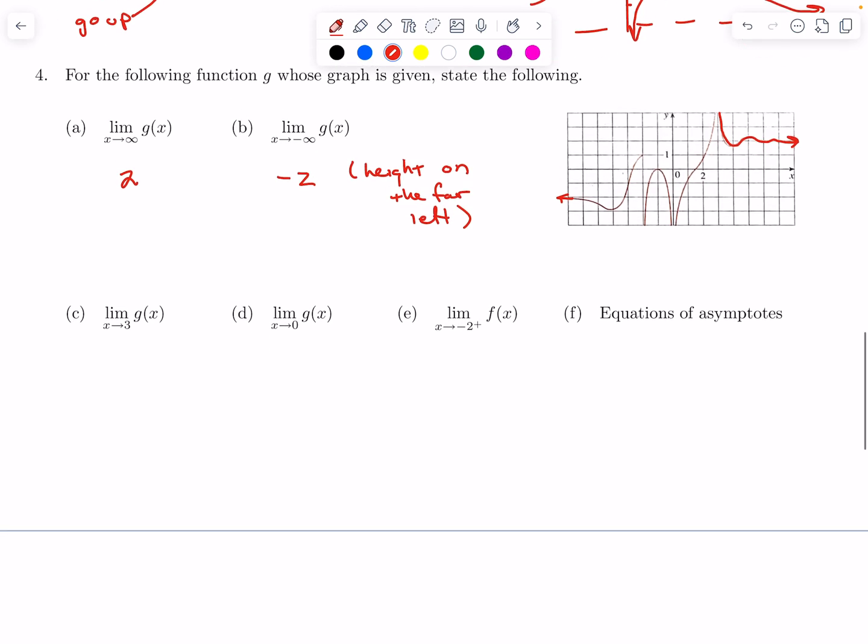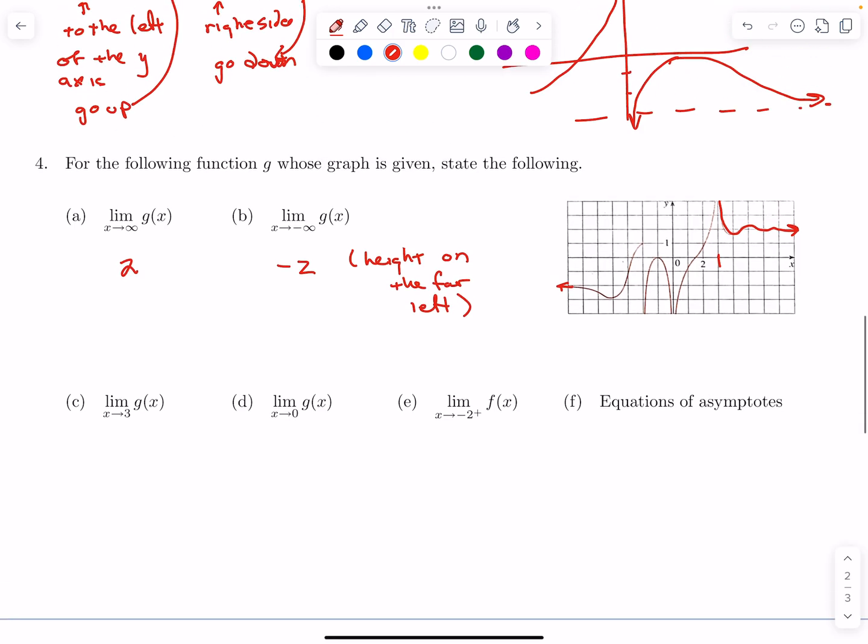Okay, as x goes to 3, we seem to be going up on both sides. And at 0, we seem to be going down on both sides. Just a little note. It's up on one side and down on the other side. Let me say it that way.